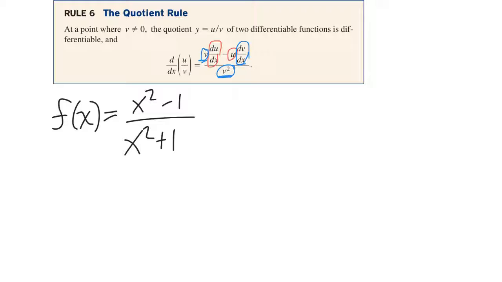So using our quotient rule, we're going to call our numerator u, our denominator v.